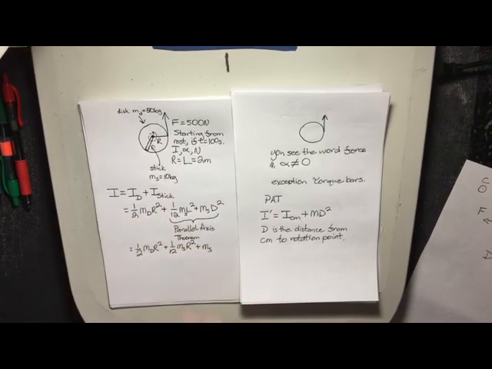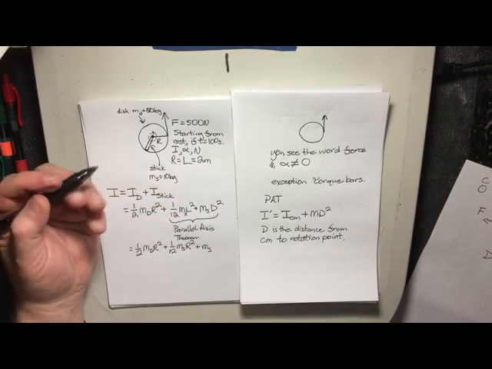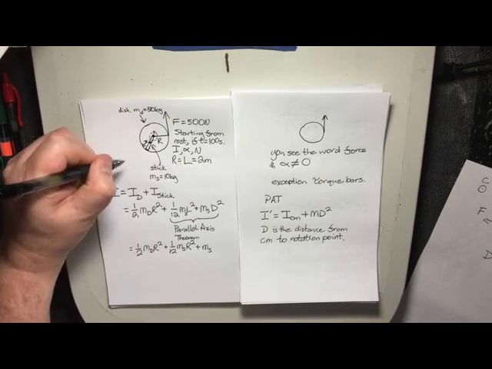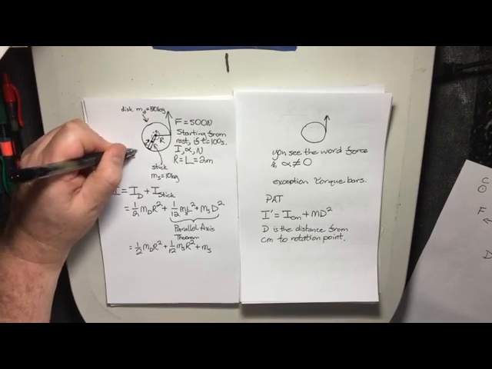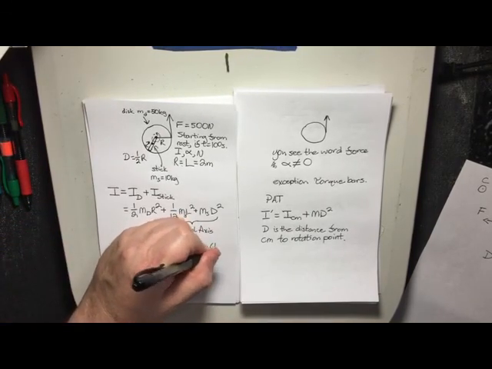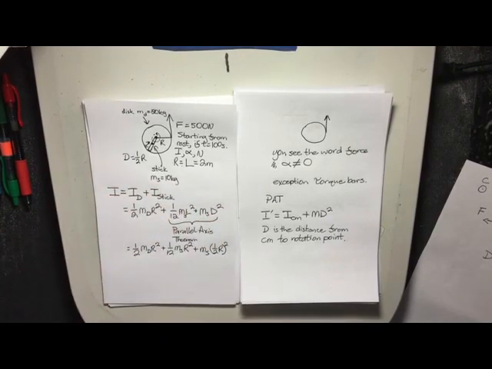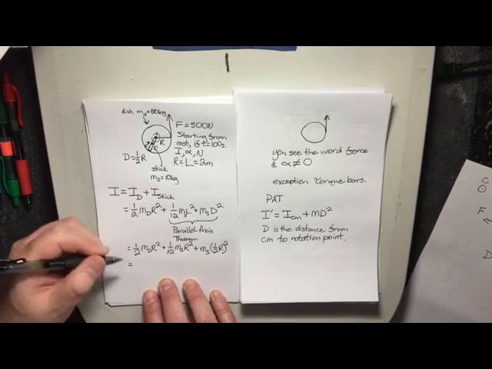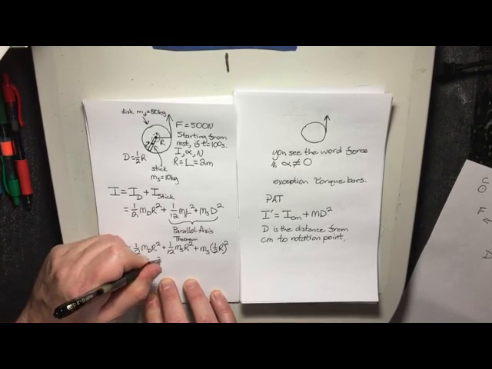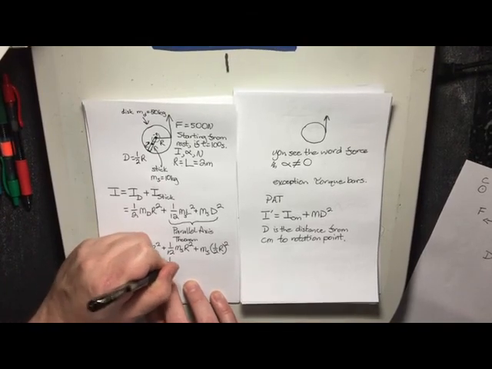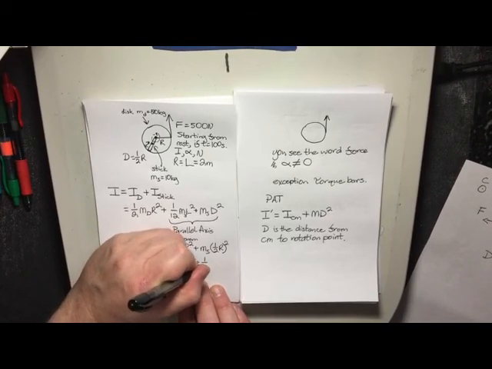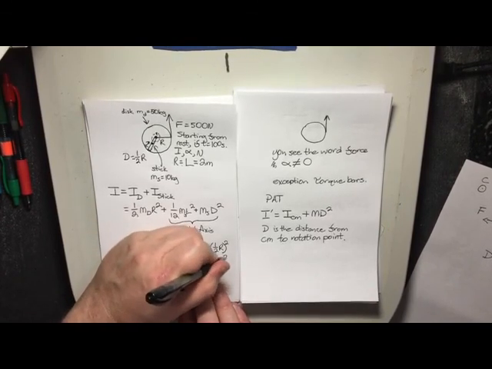Now d in this case is the distance from the center of mass to the rotation point, so d is 1/2 r. So I'm going to write this out on another line: 1/2 m_d r squared plus 1/12 m_s r squared plus 1/4 m_s r squared.